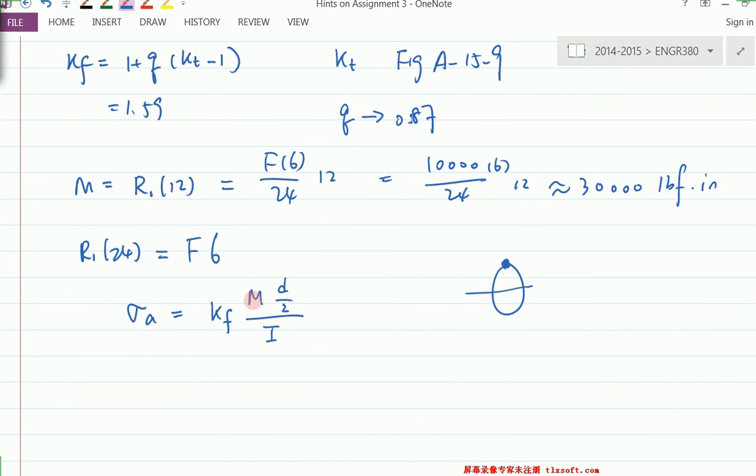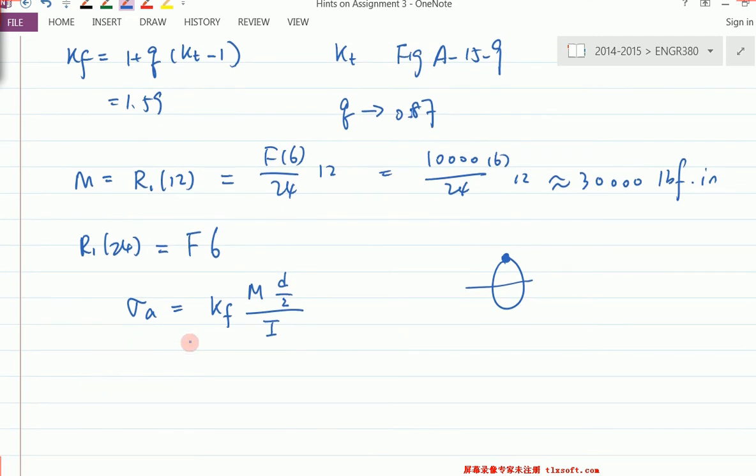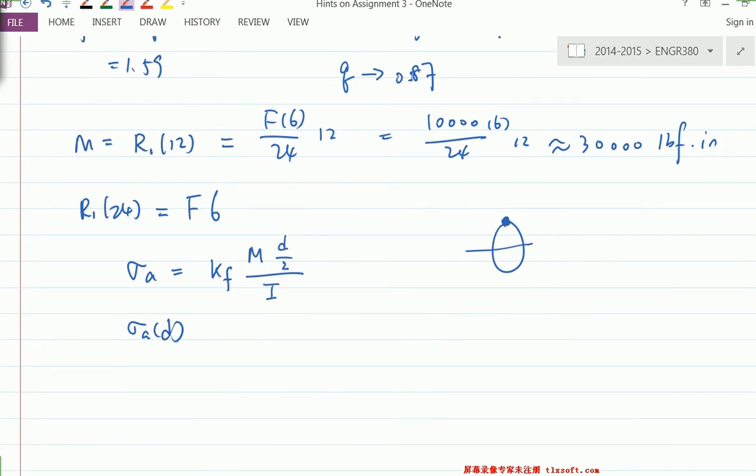So M, KF, every parameter you know, except the D. So we can't have this without the D. Let's say this is a function of D.